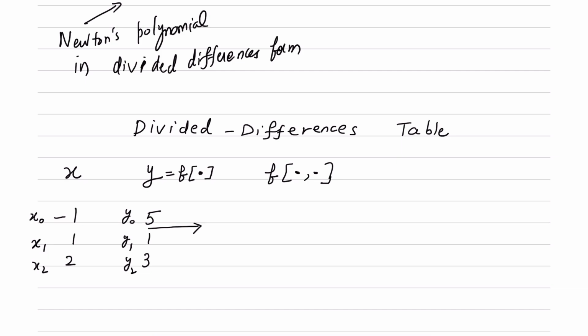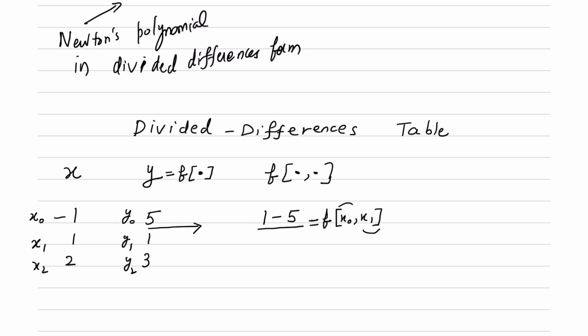So first we calculate the difference between 5 and 1. This divided difference is calculated like this: 1 minus 5, divided by the corresponding x values difference. Whatever we get here will have the notation f of the first two x's, x0 x1, and we divide by the difference between the last x and the first x, x1 minus x0.